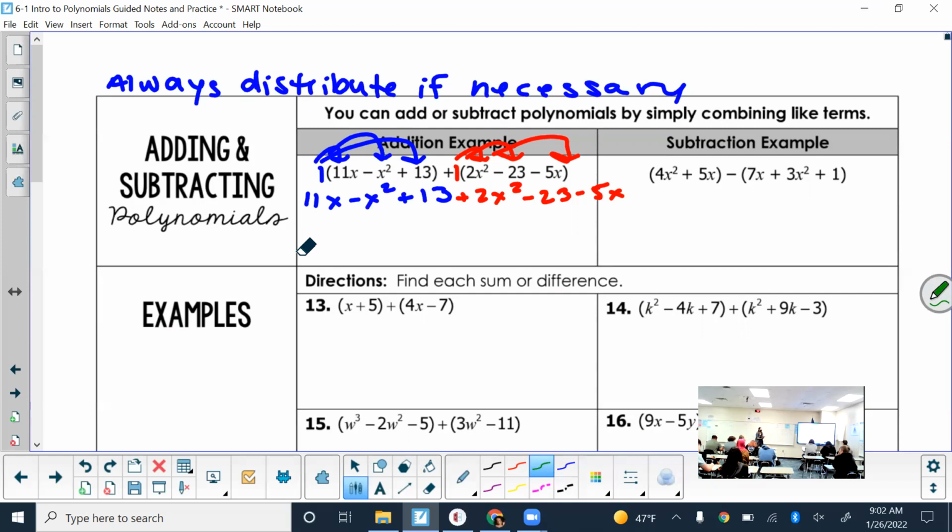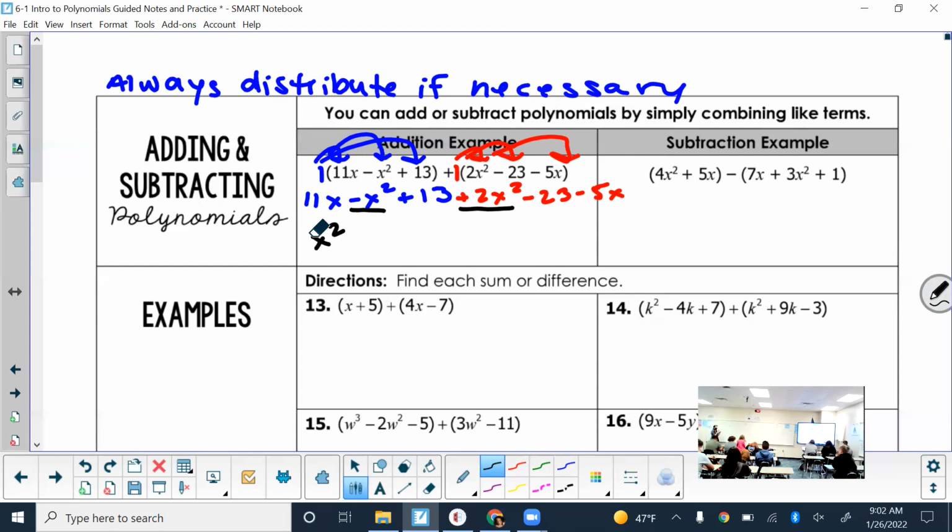So I would start with the negative x squared. Does that one have a like term that I can combine it with? What is it? And when I combine them, what do I get? Negative 1x squared plus 2x squared. What's negative 1 plus 2? A positive 1. So I have a positive 1x squared.